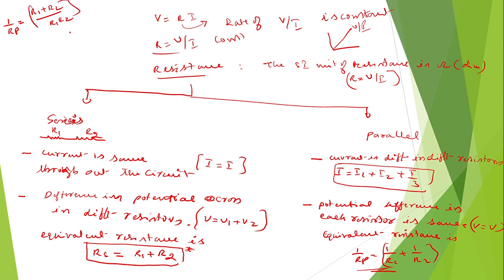Still, if you want to simplify this, Rp is equal to R1 R2 divided by R1 plus R2. This is a further simplified equation for parallel connection. So now this part is over, series connection and parallel connection.